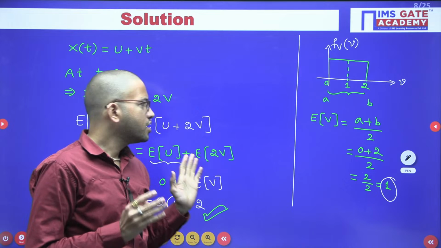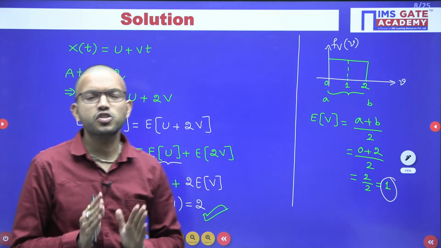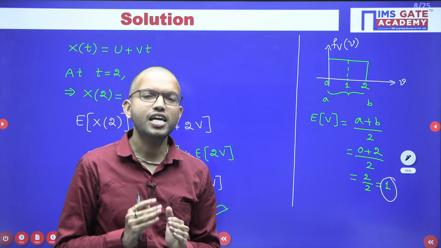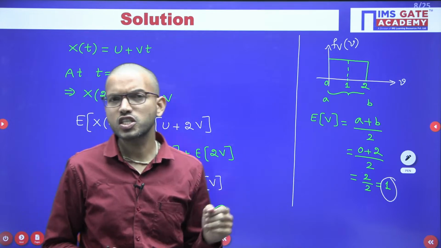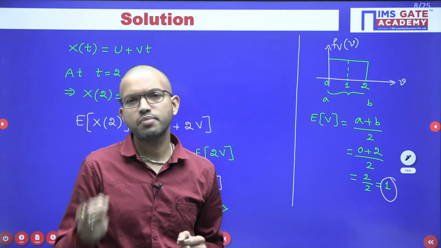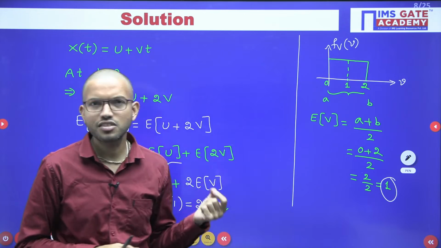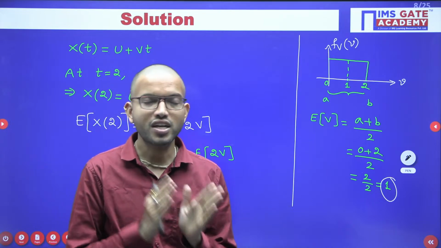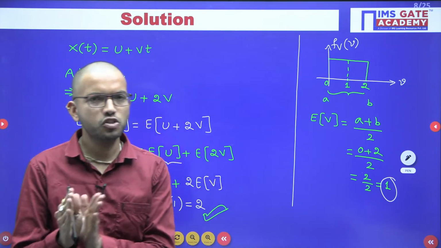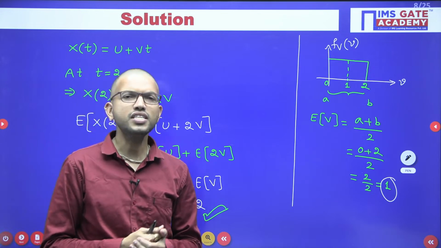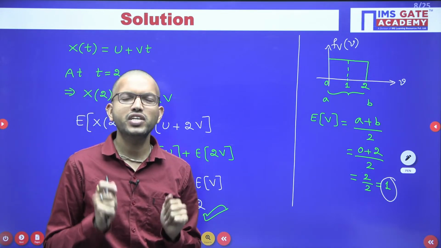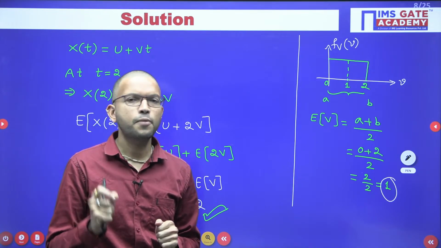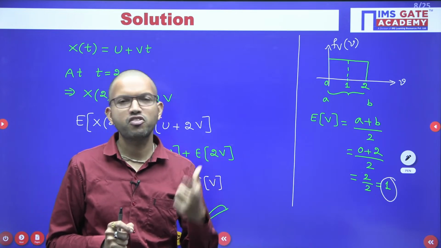Whatever time you have saved, you can spend on questions that may take more time for understanding or solving. In that way you can efficiently attempt an optimum number of questions during your GATE exam within the 3 hours.